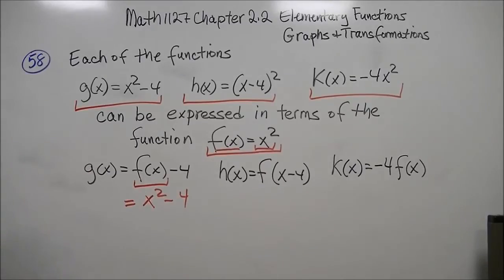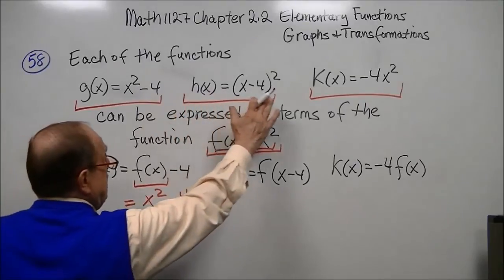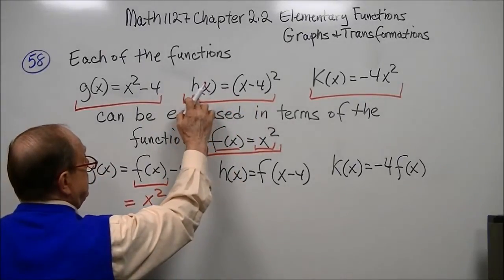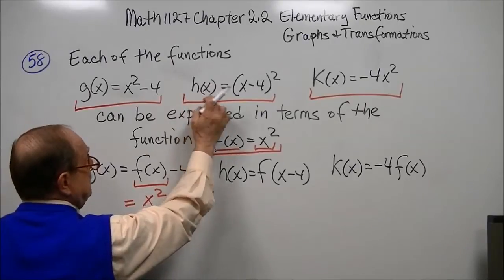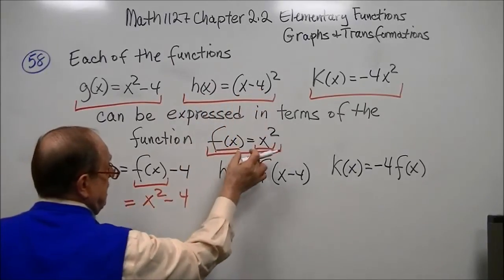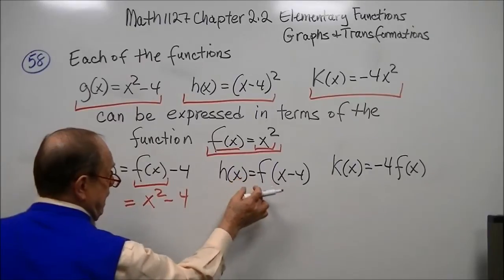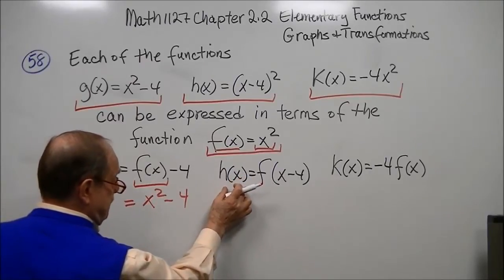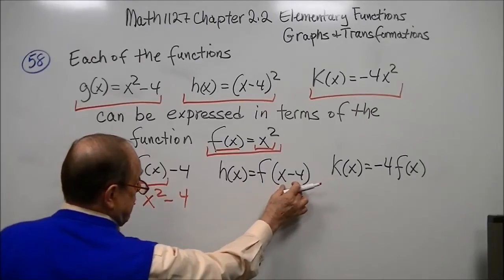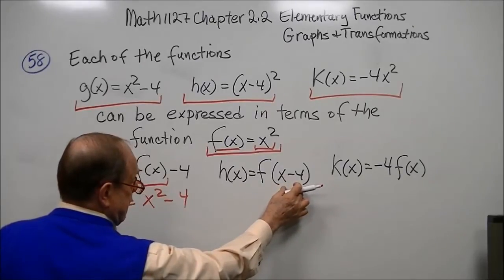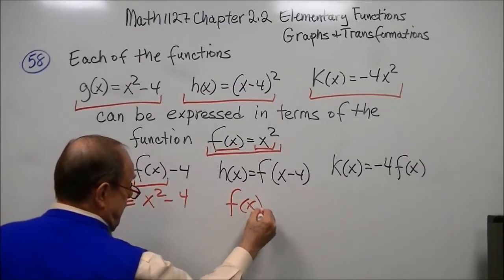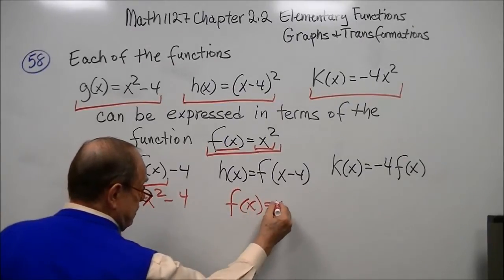Now in the second one, as we look at it, we're saying that this function is this, but we're saying that this f right here, and f of x we said was equal to x squared.